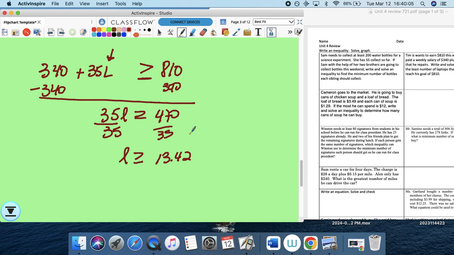If he fixes 13, that's not going to be enough. So, again, graph this. We have 13.42 shaded. But because he can't fix 13.42, the least number of laptops he needs to fix is 14 laptops.